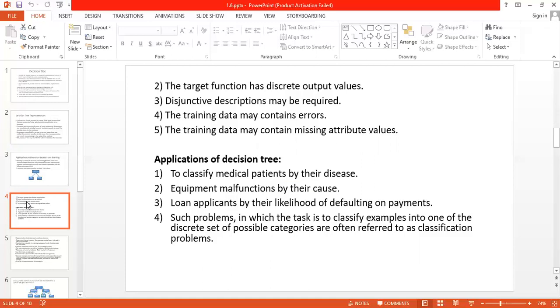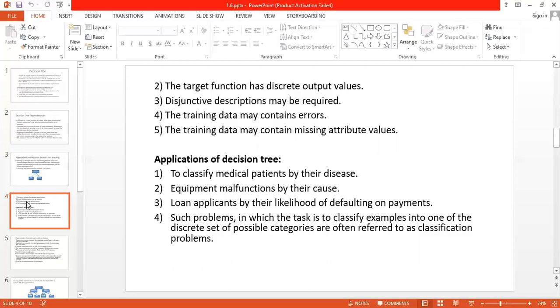In a decision tree, it is not like we have one instance with one feature or one category or one constraint. Suppose I'm checking whether a person is getting a loan or not. For that I am putting two constraints.